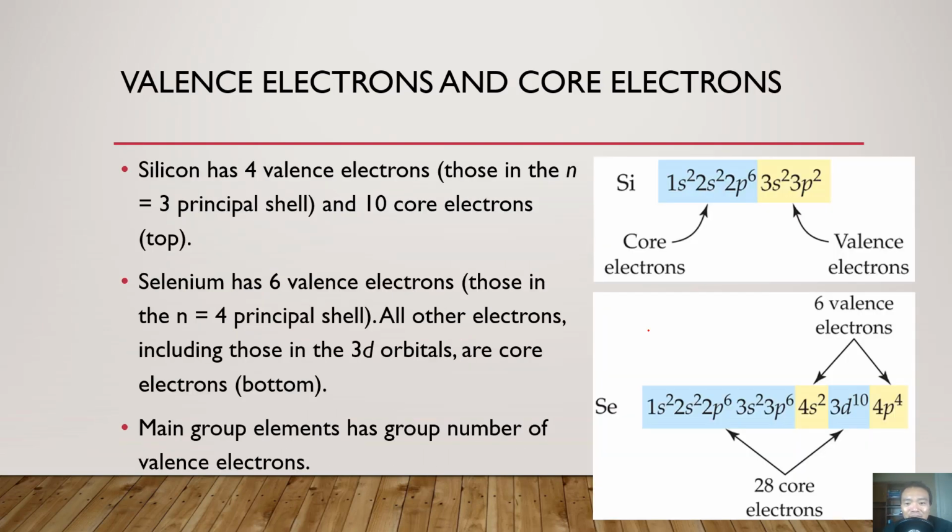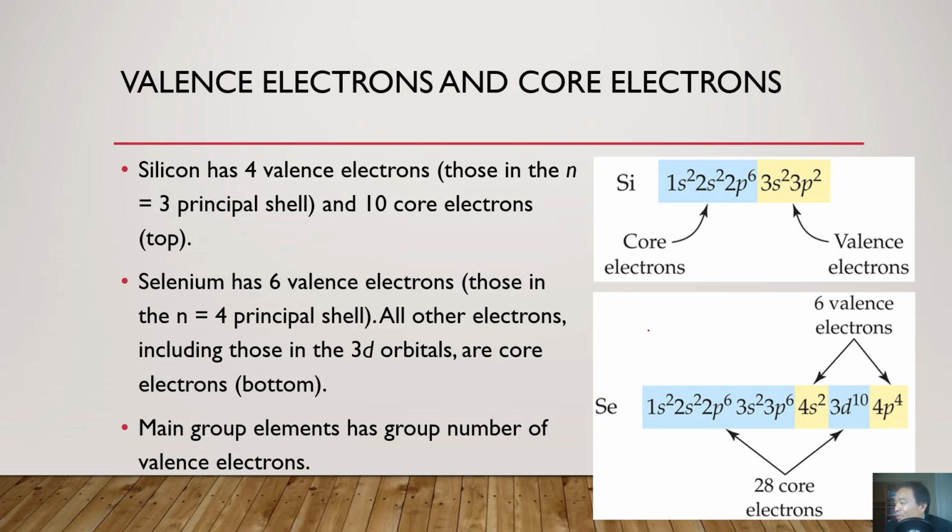Look at this example. It should be quite straightforward, but we're going to use it to talk about what the core electron is and what the valence electron is. Basically, the valence electrons are the electrons in the outermost shell. Still remember what a shell is? Shell means the number 1, 2, 3, 4, 5 before the spdf.